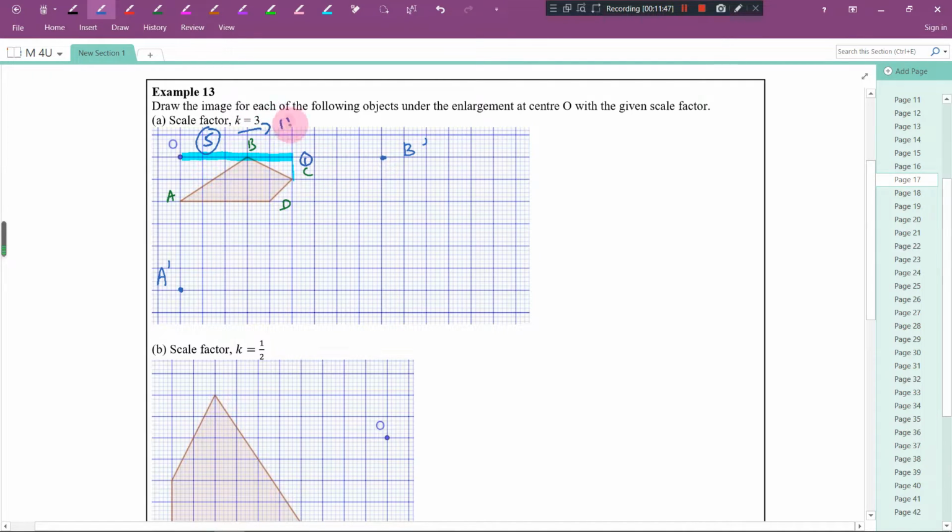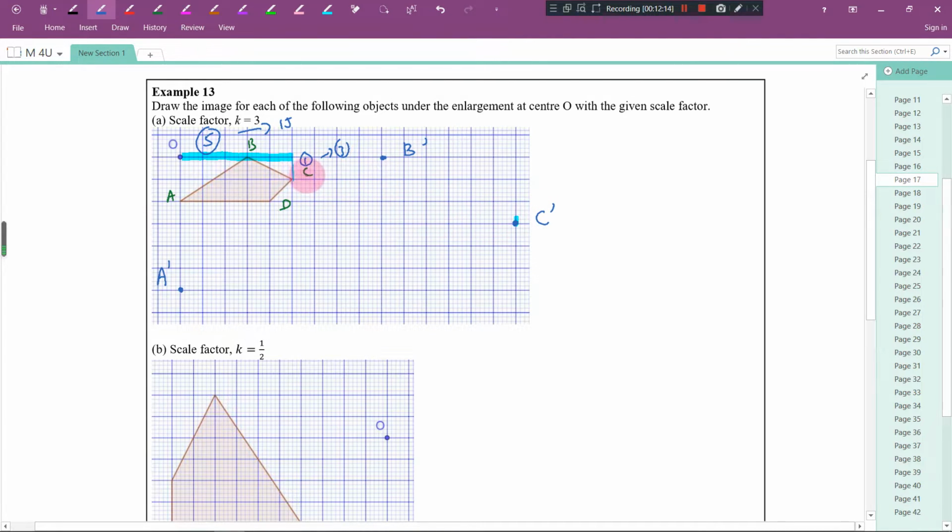So here will become 15, this will become 3. Okay, start counting again from the center. 1, 2, 3, 4, 5, 6, 7, 8, 9, 10, 11, 12, 13, 14, 15. Then go down 3 units. 1, 2, 3 over here. So this is the image for vertex C.